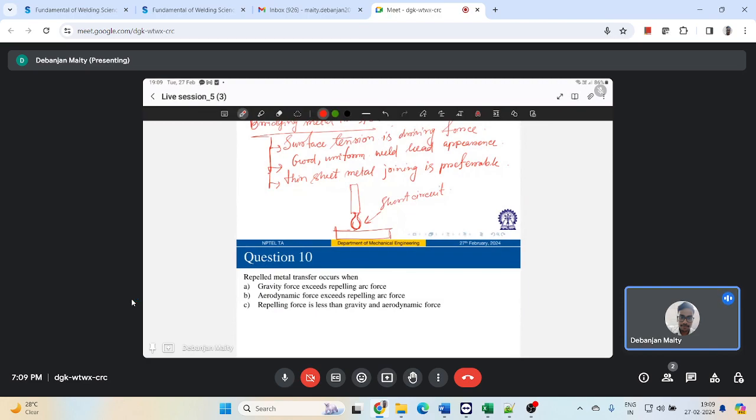I'm not going into the very specific specifications of what the electrode diameter should be, what the welding speed should be, those aspects. Let us stick to the physics aspect in terms of the mechanism of how it is happening.